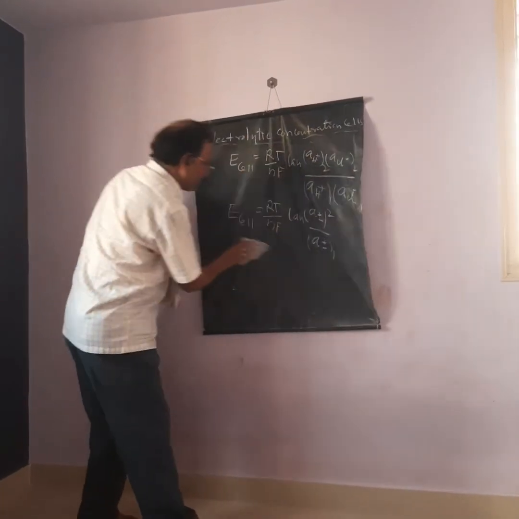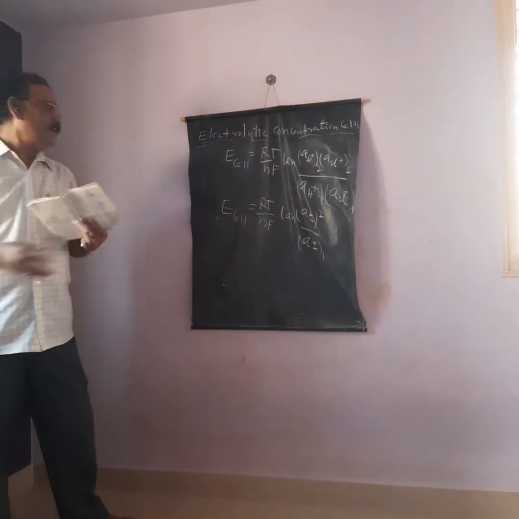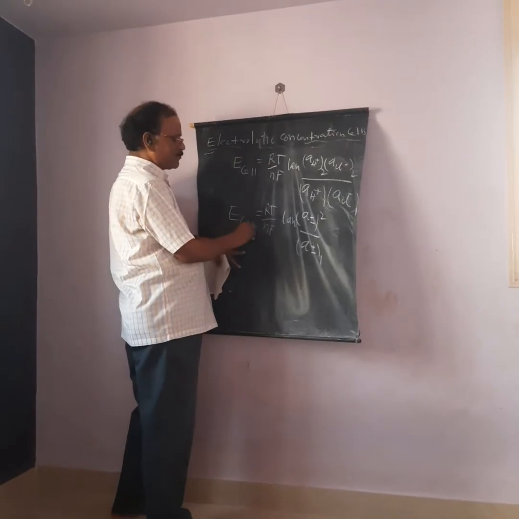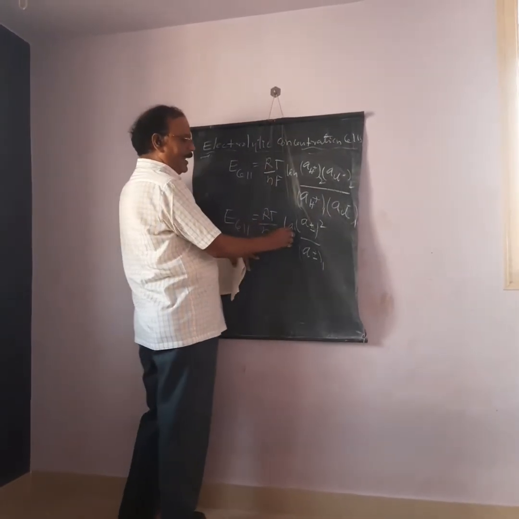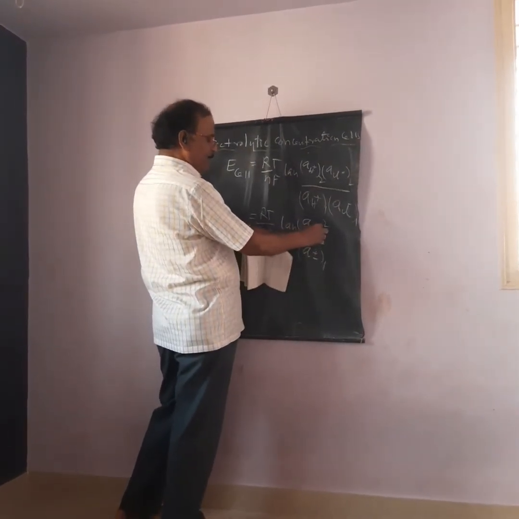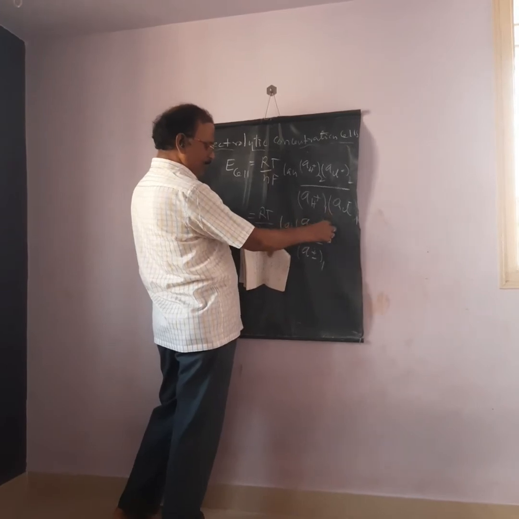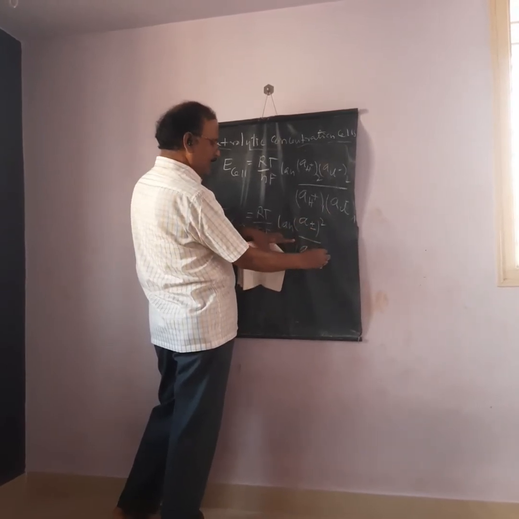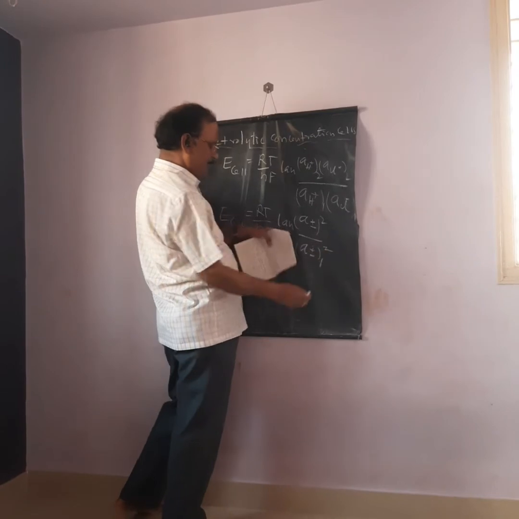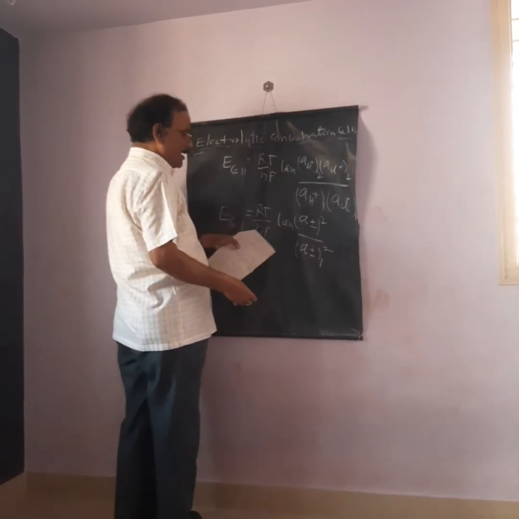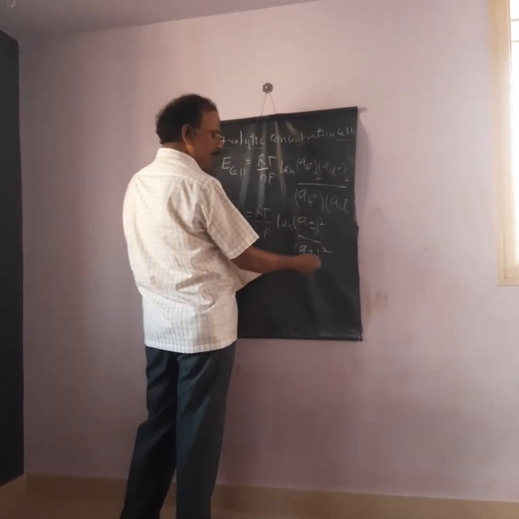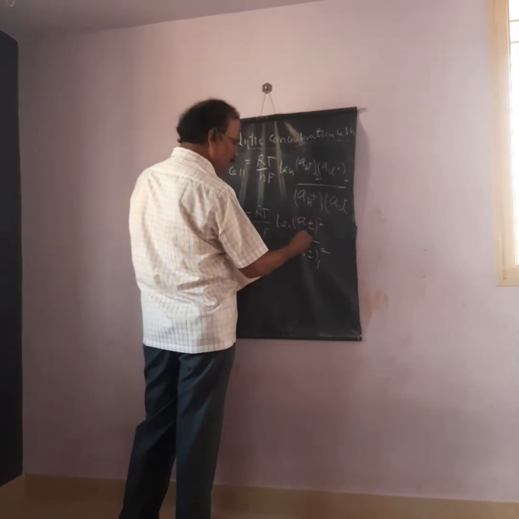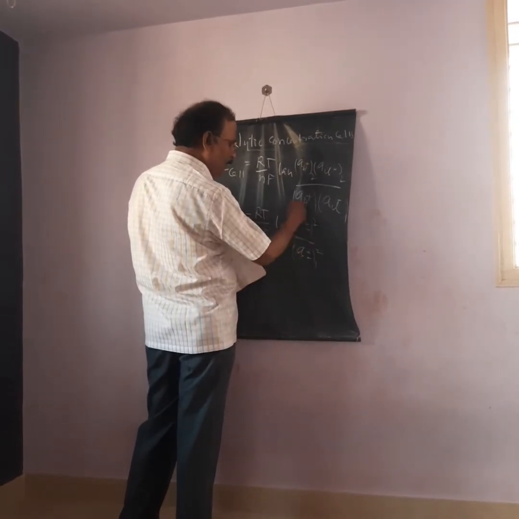Now, for simplification, I can write the EMF of the cell is equal to RT by NF into ln of A plus or minus whole square. Here A plus or minus is also squared, and the whole thing is squared, which means it is A plus or minus 2 divided by A plus or minus 1 whole square.